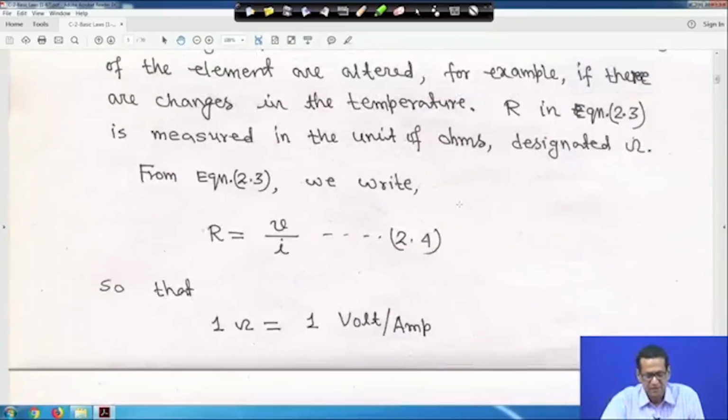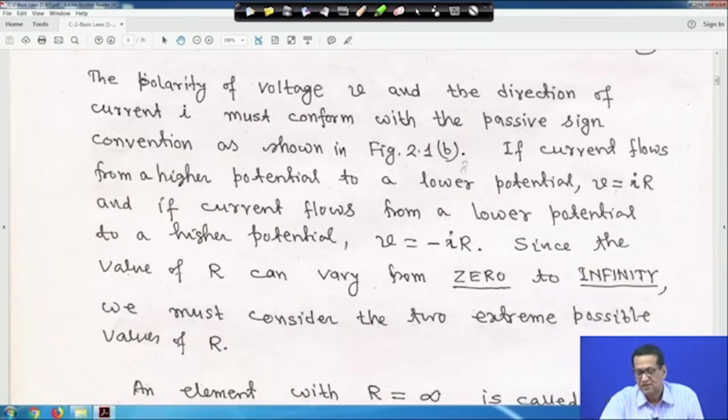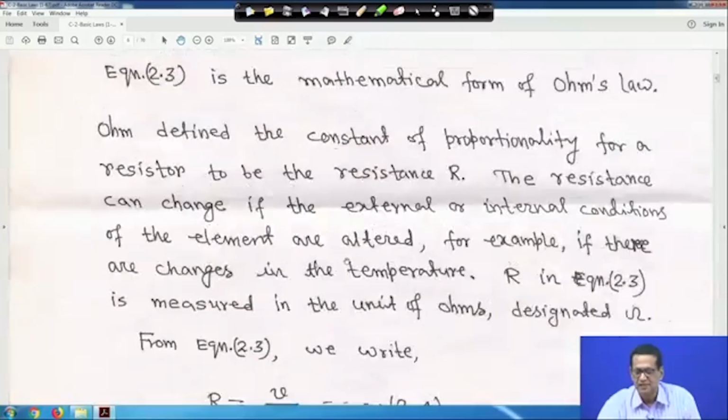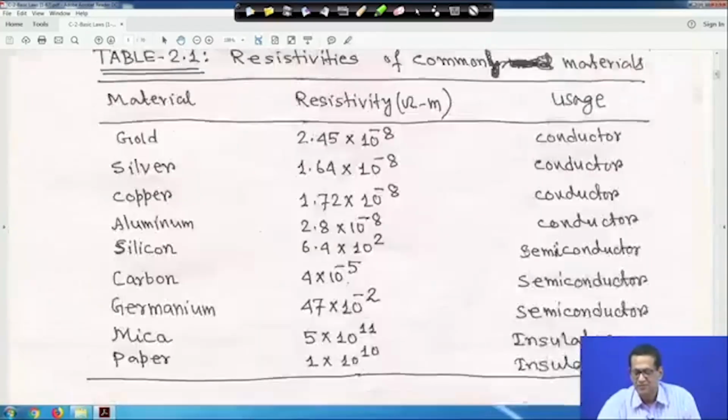Therefore, if current flows from a higher potential to a lower potential, V is equal to IR, it is true, and if current flows from a lower potential to a higher potential, then V is equal to minus IR. The meaning is something like this. Let me go to figure 2.1b.